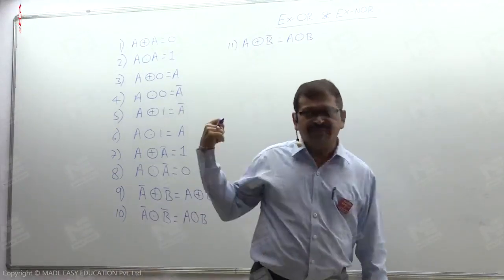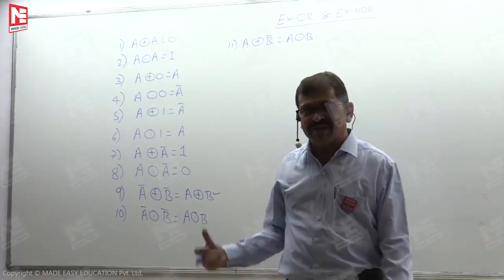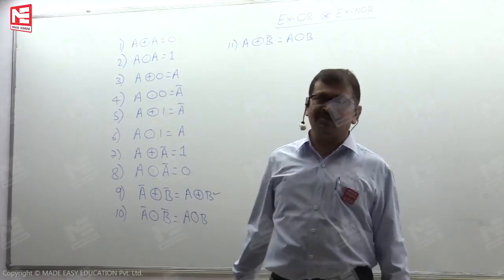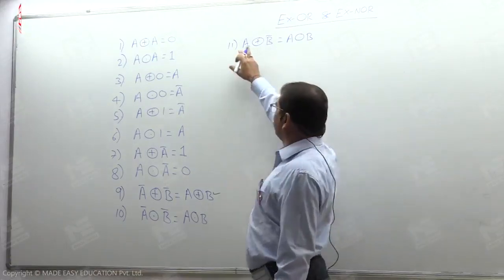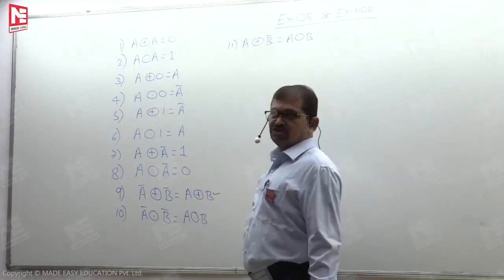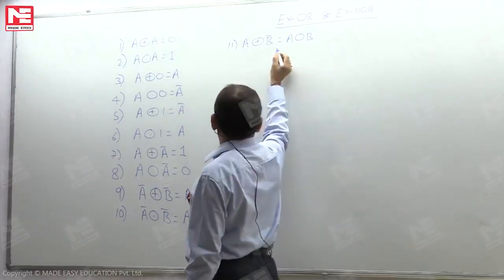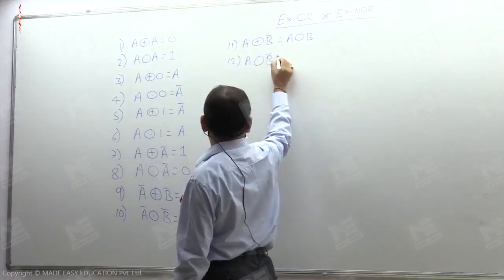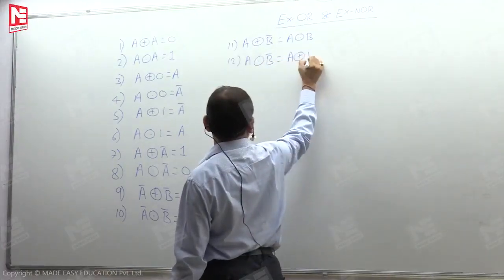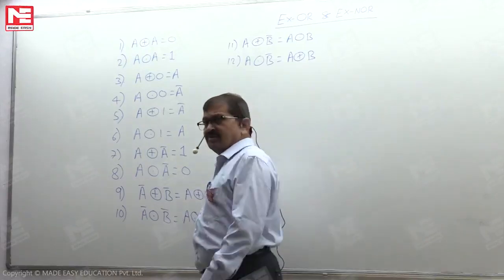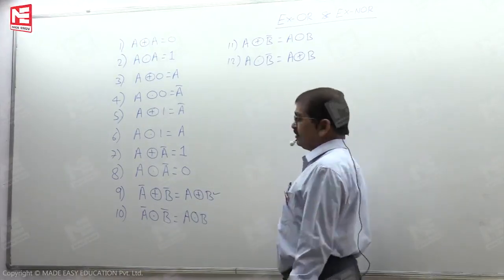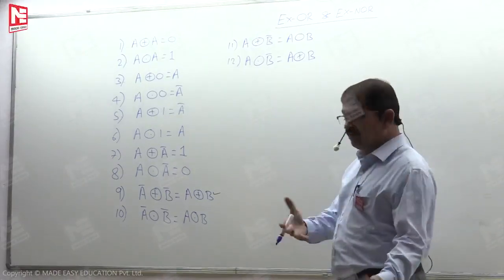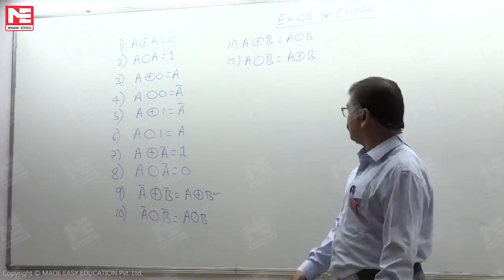While doing one of the problems, before coming to this listing, we came across a similar expression as a part of the question. So we already verified there that A exclusive OR B bar is equal to A XNOR B. Similar to this, you try yourself: A XNOR B bar must result as A exclusive OR B. If any difficulty, you can post it as a question on the Telegram channel, we can discuss.